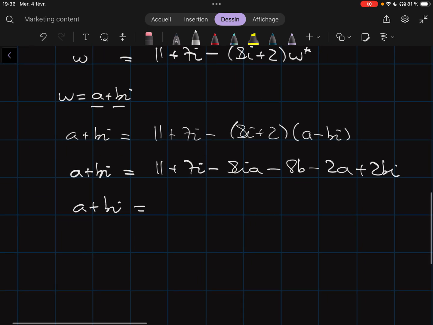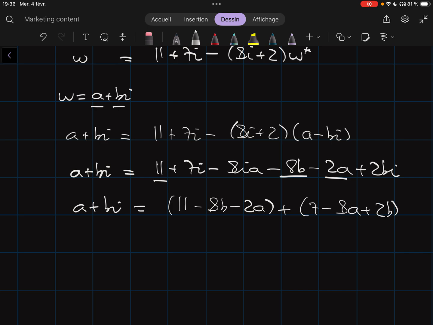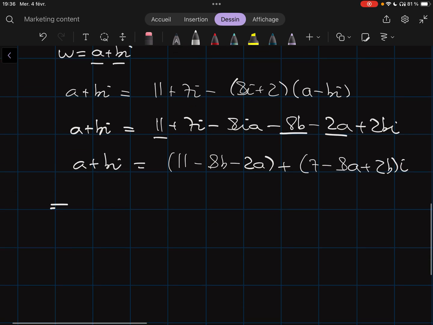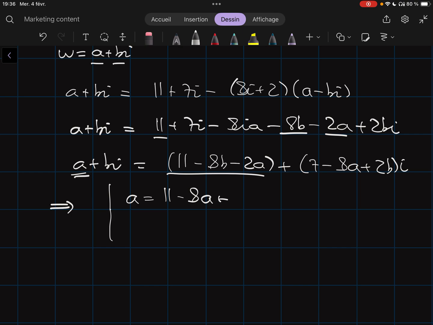Group all the real parts together. Group all the imaginary parts together. Equating the real parts. Equating the imaginary parts.